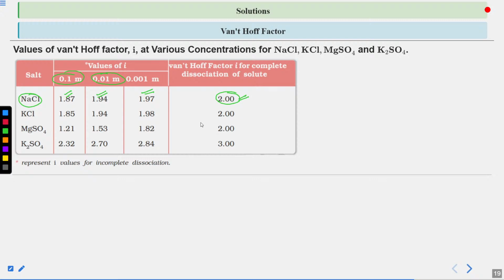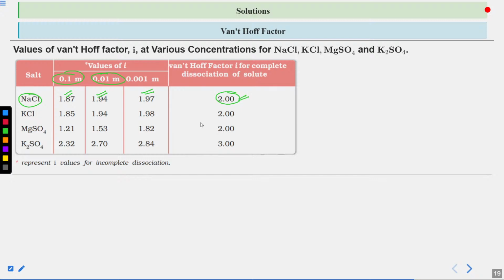If you take a high concentration, that means you are taking a large number of particles in a smaller area. So that is the basic idea behind concentrated solutions, right? Now, if they are close to each other, they may attract each other also. That will result in some deviation from the complete dissociation value, which is 2.